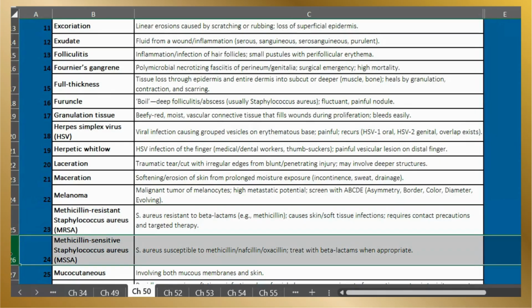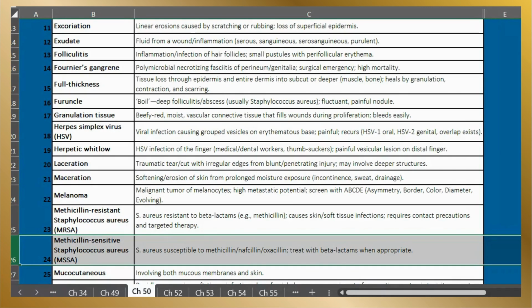Here we have the sensitive one, methicillin sensitive Staphylococcus aureus. It's susceptible to methicillin, nafcillin, oxacillin, treat with beta lactams when appropriate.